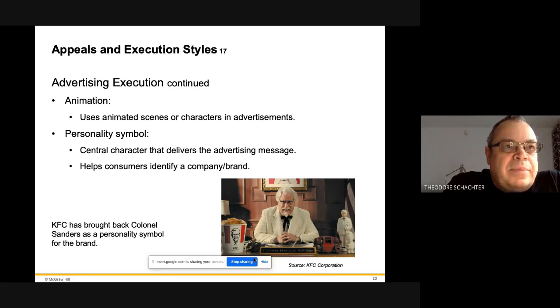And personality symbols, if they're successfully done and well done, the consumers become a fan of them. And their personality transfers over to the brand, and we associate the two. It could also be, in some occasions, real people. Steve Jobs was a great personality symbol, but it was a real person that transferred to Apple and made Apple great.